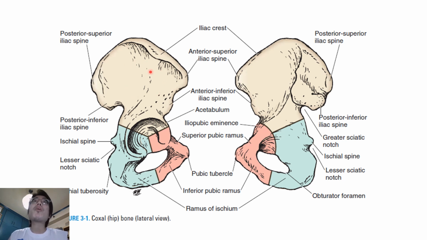The ilium forms the lateral part of the hip bone, and it consists of the body, as shown here, which joins the pubis and the ischium to form the acetabulum. It also consists of the ala or the wing, which forms the iliac crest.